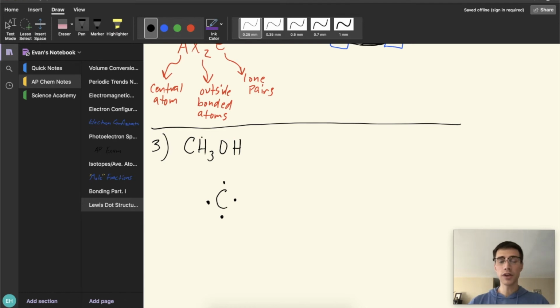Now, conveniently, it's actually written in this way to be really specific, right? Because this is the same thing as saying CH4O. I just took this hydrogen and combined it here so that they have the same subscript. However, if you see molecules written out like this, it's actually really helpful because it segments out different parts of the molecule for us.